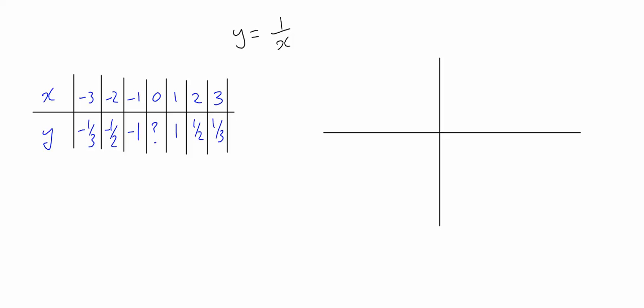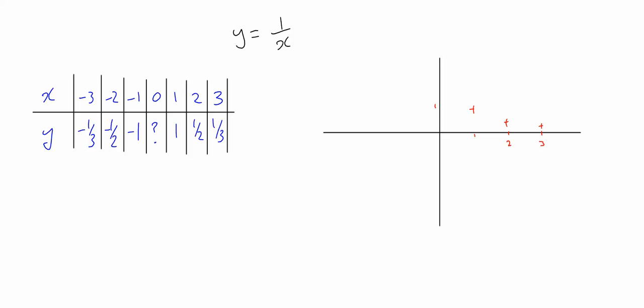So let's try and plot these points. Let's start with x is 1. X is 1, y is 1. If x is 2, y is a half, so we'll have 2 is about here, and a half is going to be about here. If x is 3, we have a third, so y is going to be even smaller, about there.